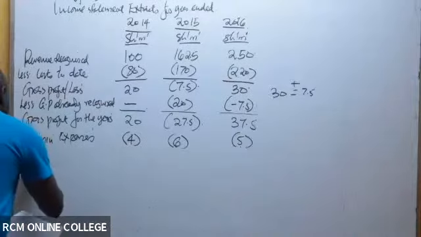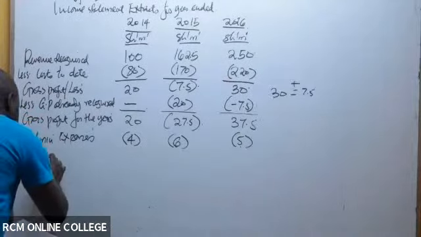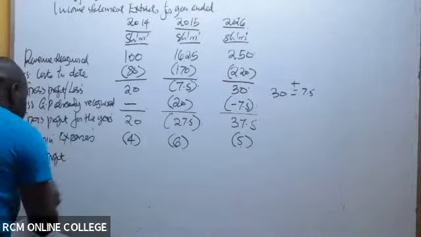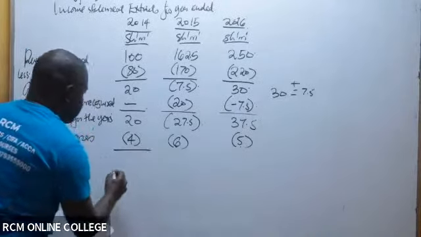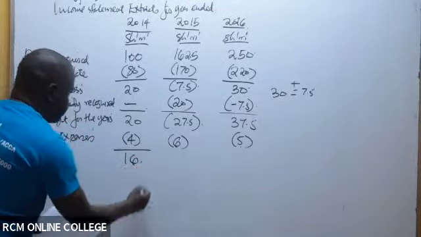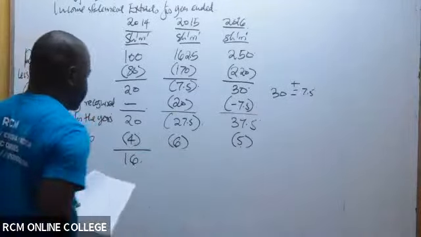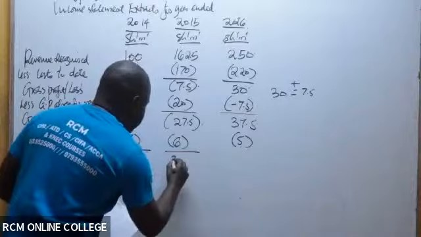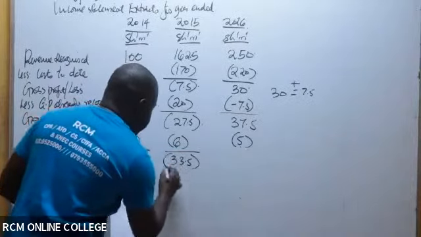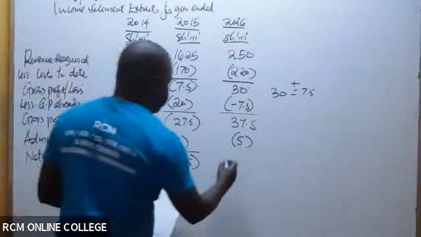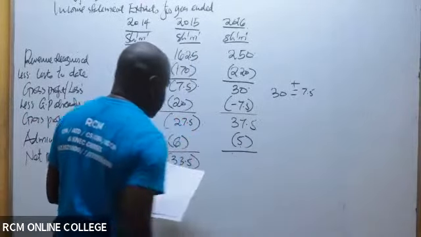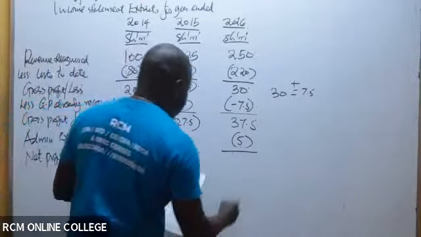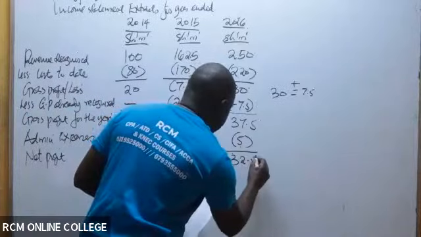So you'll get the net profit for each and every year for the contract. This one will likely be 16. When you minus, this one is negative 33.5. This one will be 32.5.